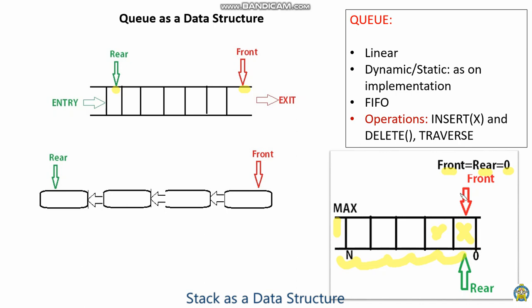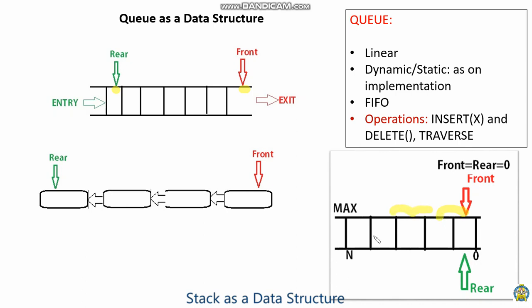And reversely, when there is a deletion of item, we know the deletion takes place from the front of the queue. So when I delete first, the item deleted is the item pointed by front. Having deleted, I move to the next location of the queue. Of course, here it is progressive, so increment the front and keep on moving.